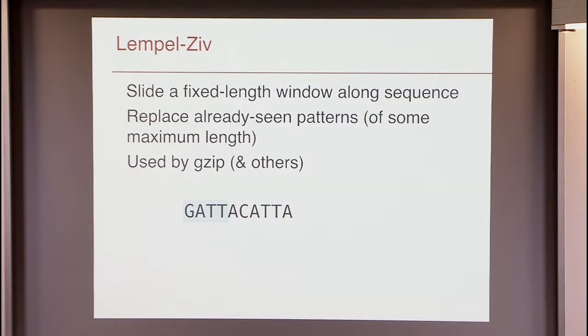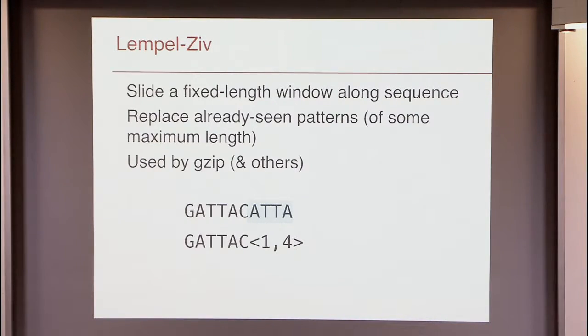And so, we've got our string again, slightly modified, so we have a little ringer of redundancy in here. And we slide a window along, and as soon as we hit something that we've seen before, we can replace it with a pointer to where we saw it. Well, it's at position 1 if this is 0 indexed, and the length from there that occurs here.